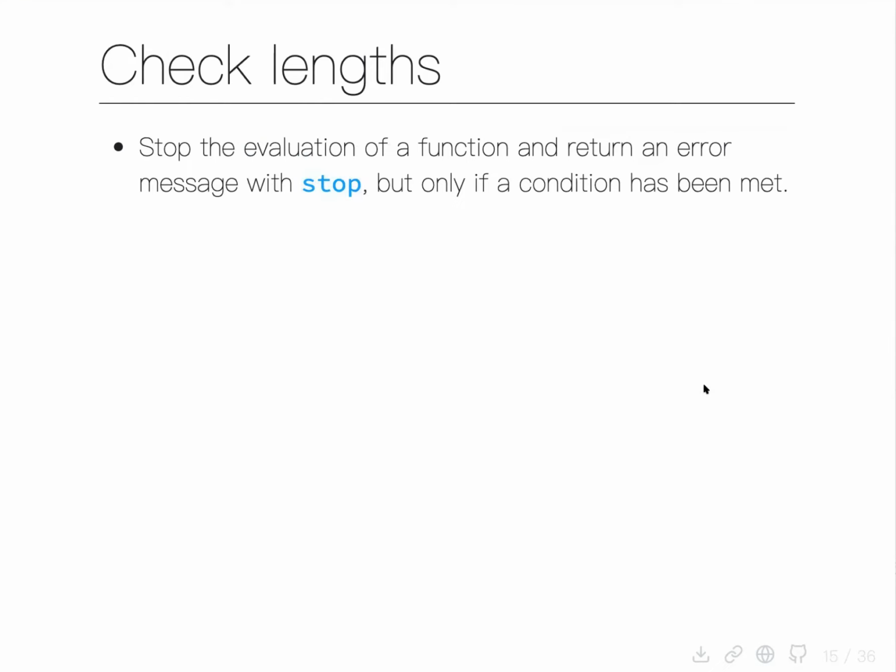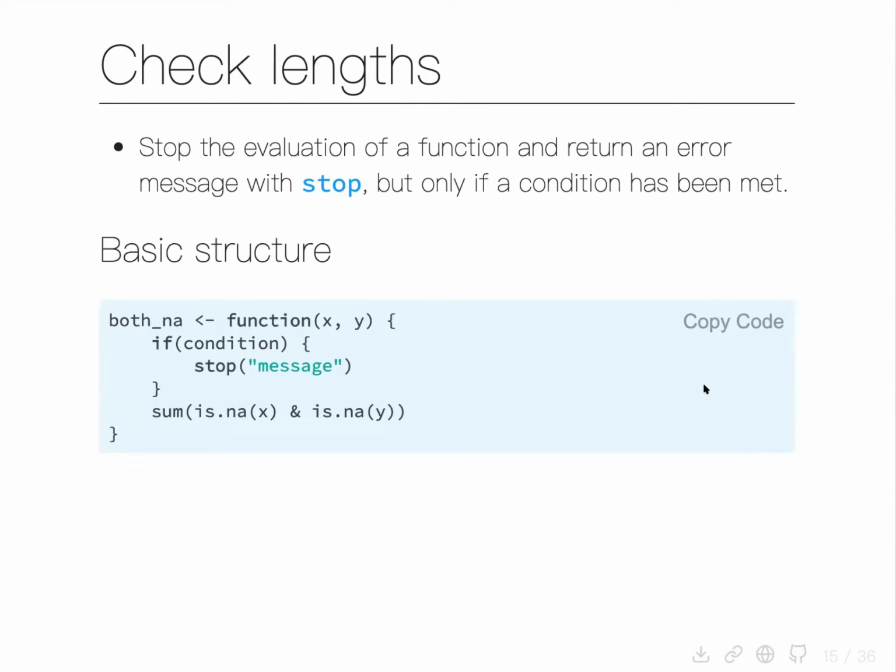There are other variants like stopifnot, which we'll talk about in a minute, but stop is the general way that you're going to throw an error. Basically the function is going to be going through, and then you're going to test a condition, right? If that condition is met or that condition is not met, whatever you decide to do, then you would say stop, and then you would give some error message. Okay, this is the basic structure.